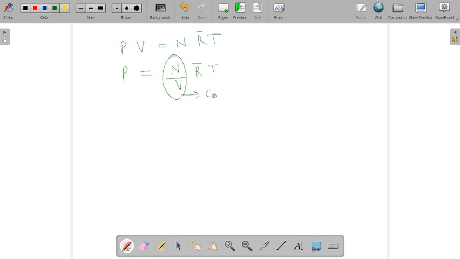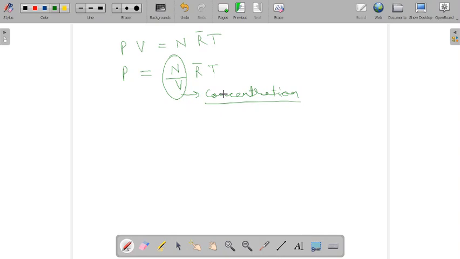This is called concentration. Say if you have a mixture of gases in this room, and you consider the volume of that mixture, and you know the number of moles of one gas in that mixture, then you can calculate the corresponding concentration of that particular gas in the mixture. Is this point clear? So N by V is nothing but the concentration.